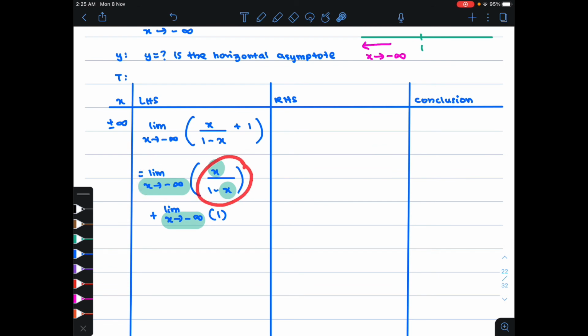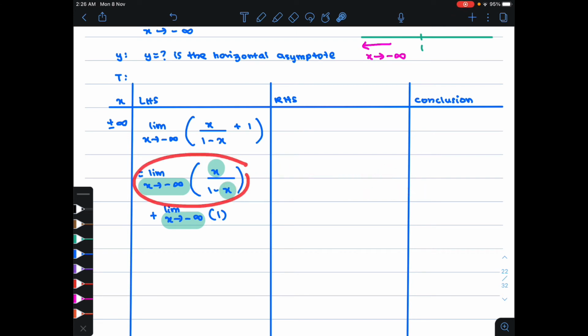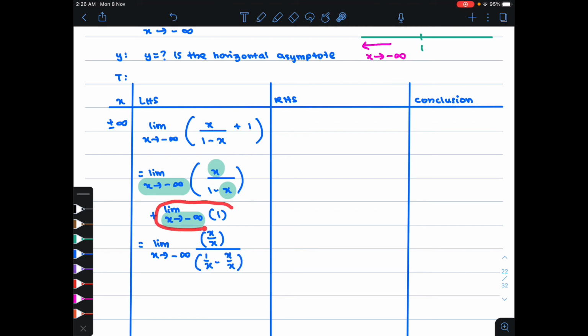You can see that this will give you infinity over infinity, which is case 5. So divide everything with the highest power in the denominator, which is x. And for the second limit here, this is simply 1. So plus 1.